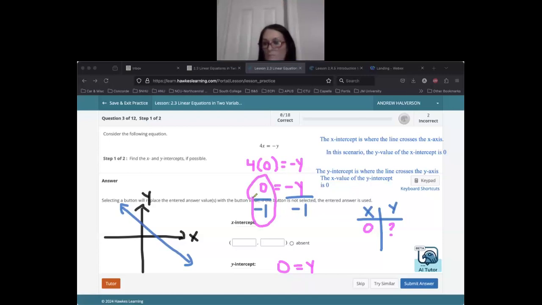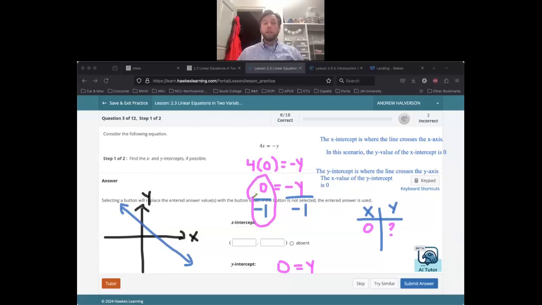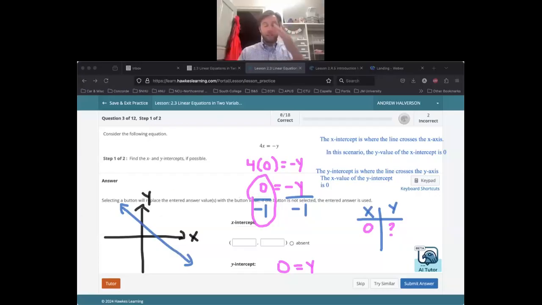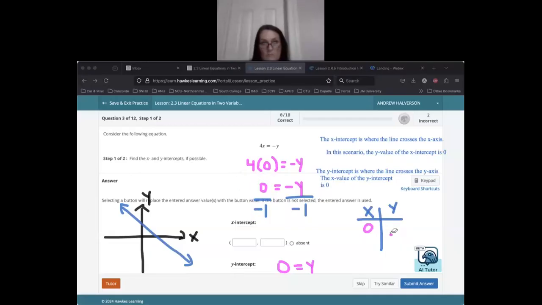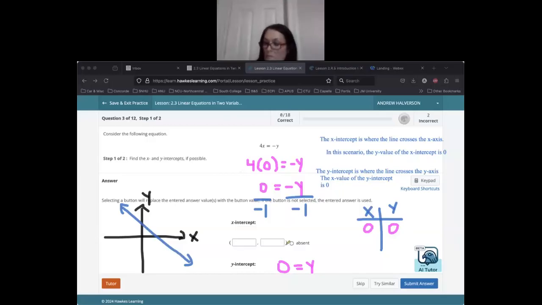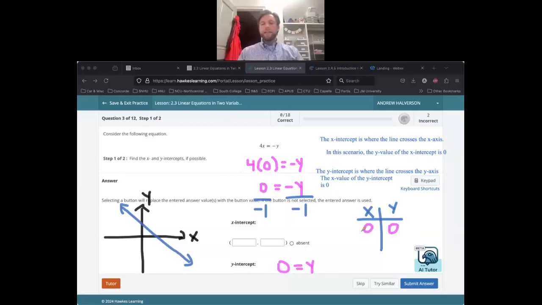Try to calculate 0 in the numerator. Try it out. 0 divided by negative 1 gives you 0. So in this case, it's 0. Funny enough, this is actually both the x and the y-intercept.